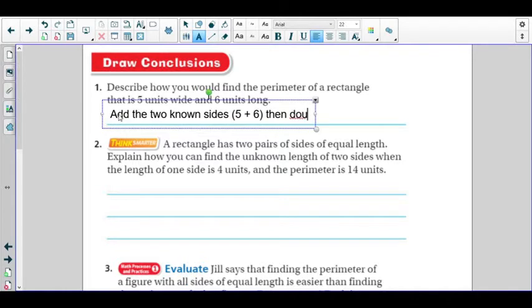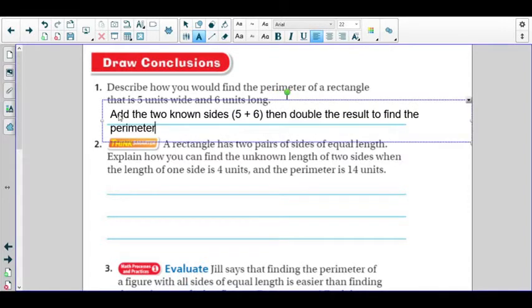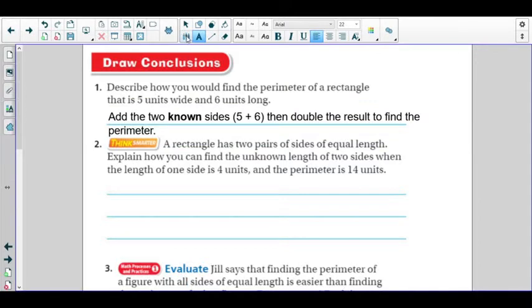Then double the result to find the perimeter. And keyword here on known, on the known sides. We know 5 and 6. So 5 and 6, that's 11. Double it, and we're going to get 22.